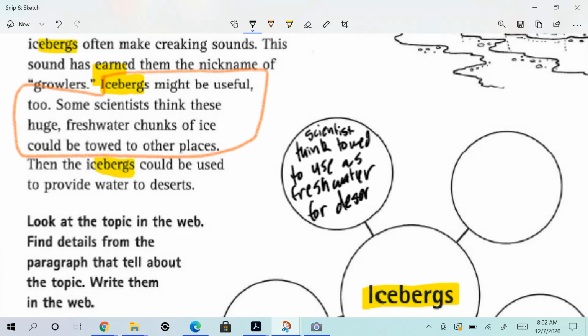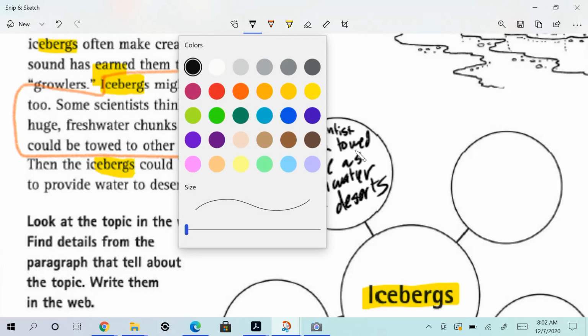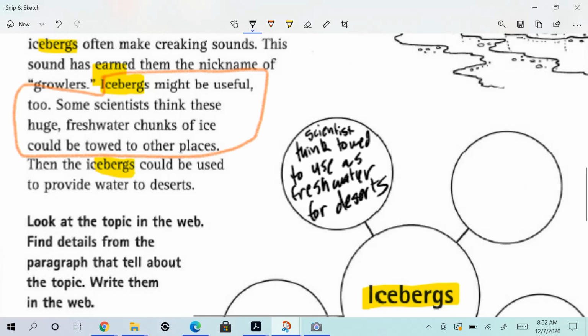You know what I need to do with this pen? I need to make it thinner. Let's try that. Fresh water for deserts.